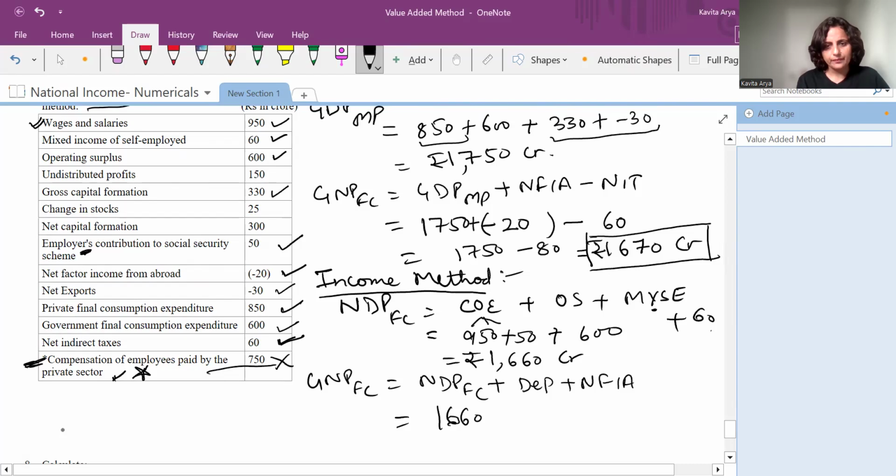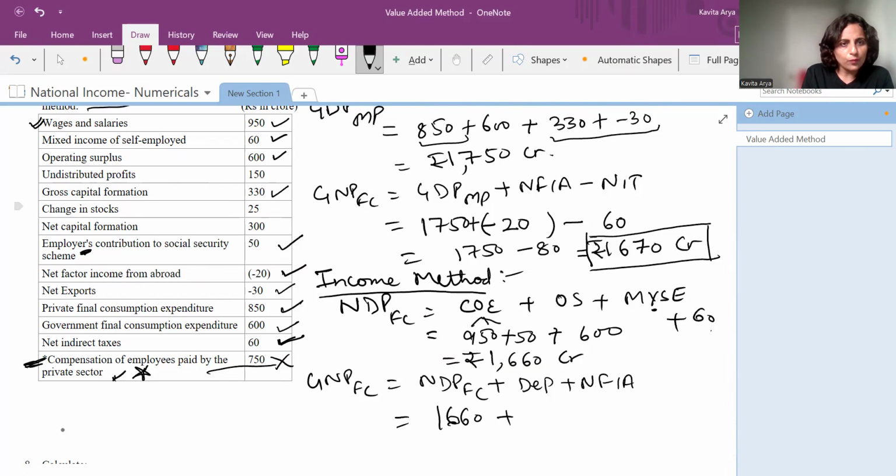1660 plus depreciation. Depreciation, what's the name given here? I have to check so cautiously. Oh, depreciation, I found it. It's hidden. It's given, but it's hidden. How? Wonderful question. Star mark.